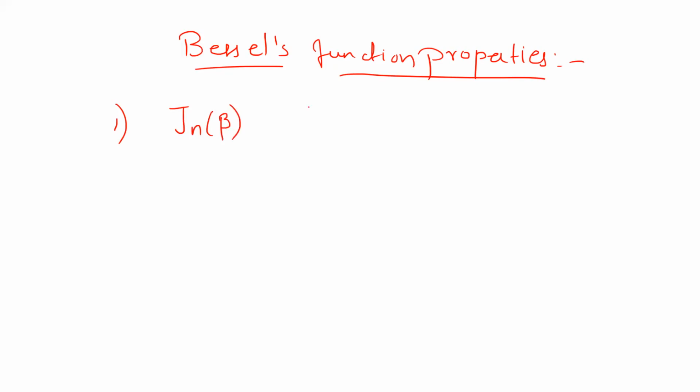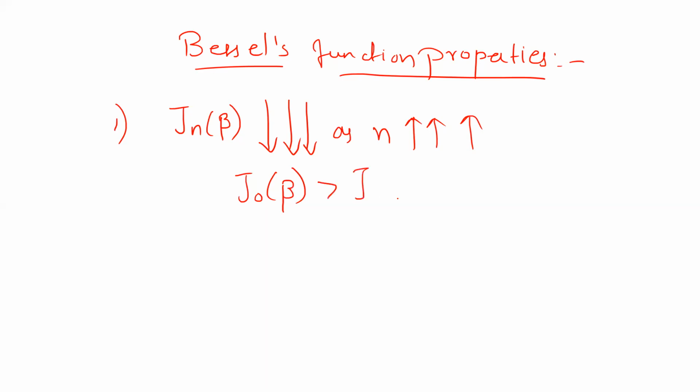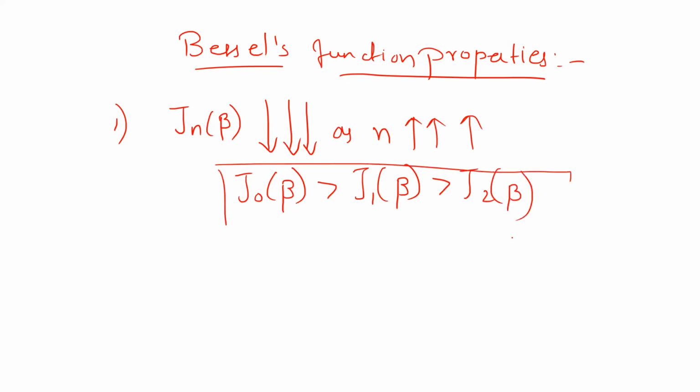So this is J n of beta. This value will keep on reducing as n keeps on increasing. So is it right for me to write it this way? I think so.